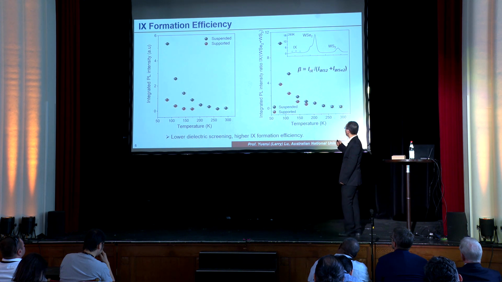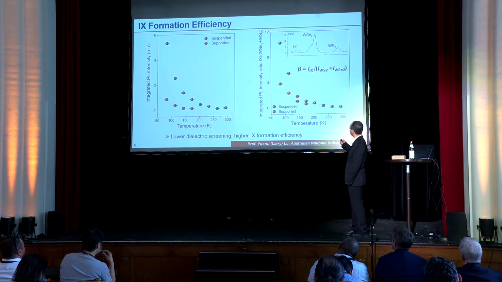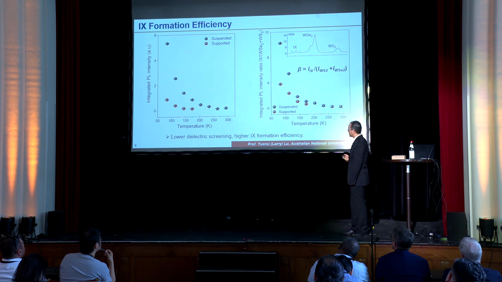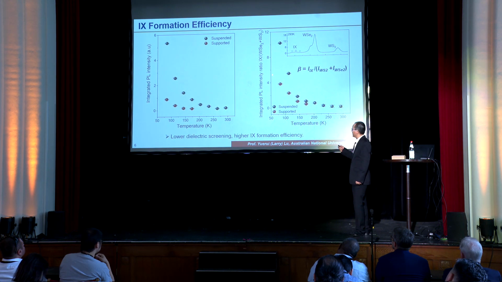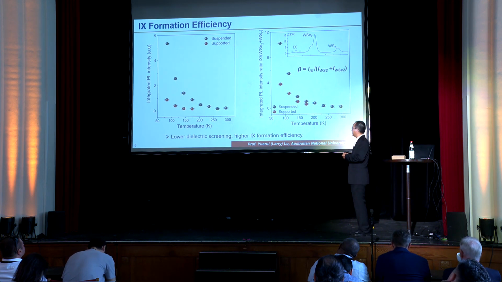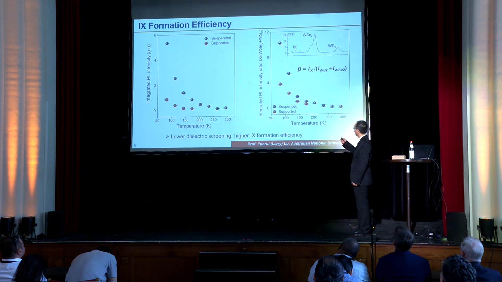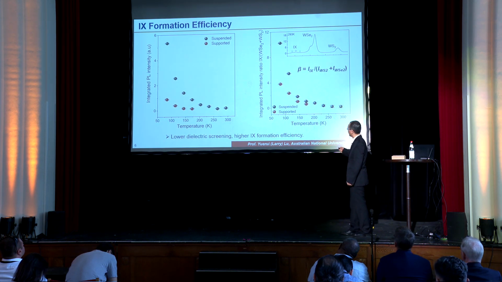Beta is the intensity ratio of the interlayer exciton emission and the intralayer exciton emission. This beta value can exclude the collection efficiency in the system. From this chart, we can clearly see that the beta value from the freestanding sample was much higher than that from the supported sample.